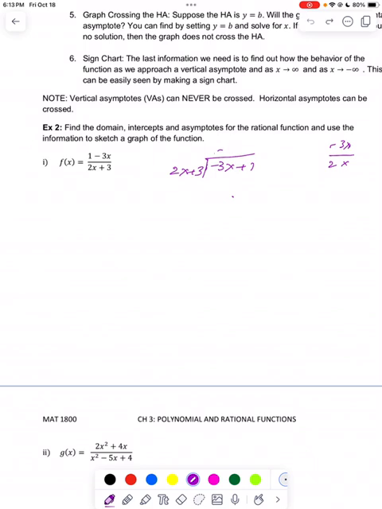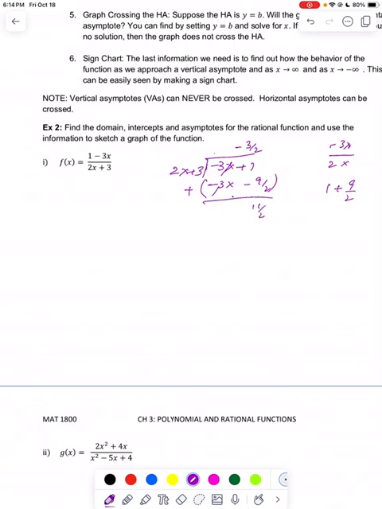Okay, negative 3 halves. And then I multiply, so I get negative 3x minus 9/2. So this cancels, and now we are left with 1 plus 9/2, which becomes 11/2.